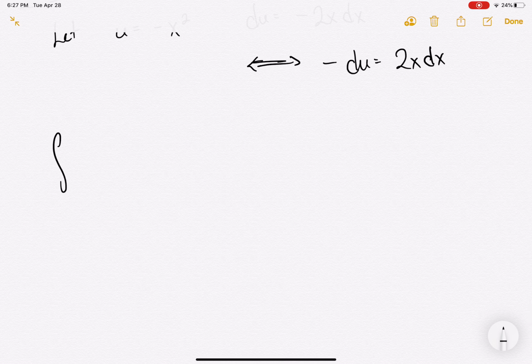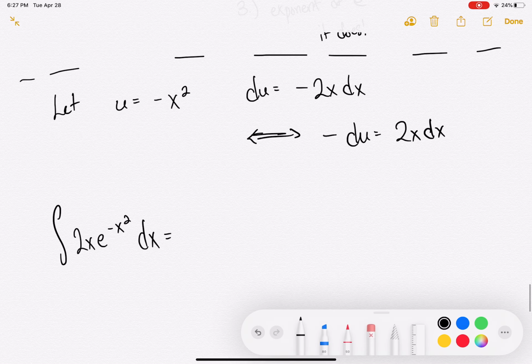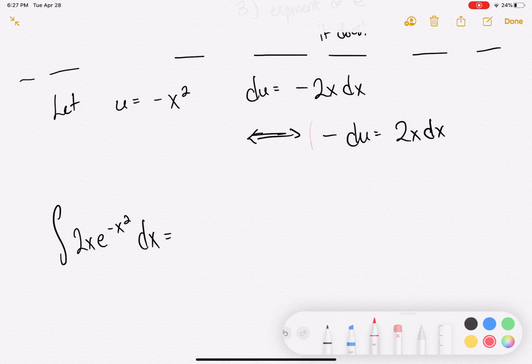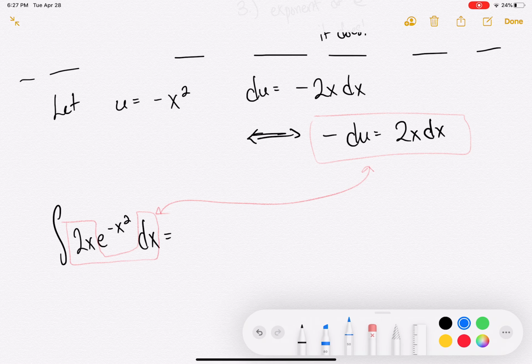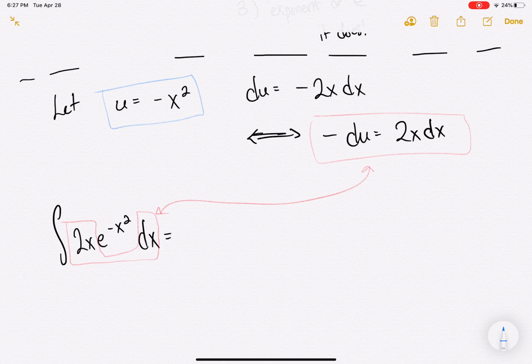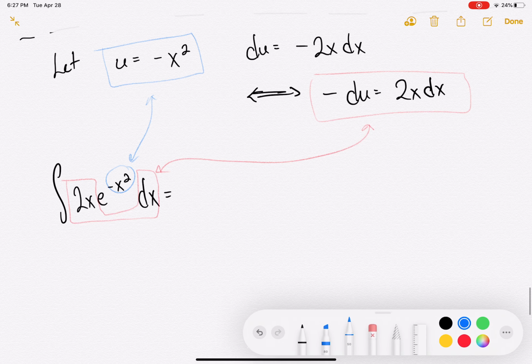So then when I write this out as 2x e to the minus x squared dx, I can identify all my pieces that I want. There. And my other piece here. Where does that put me?